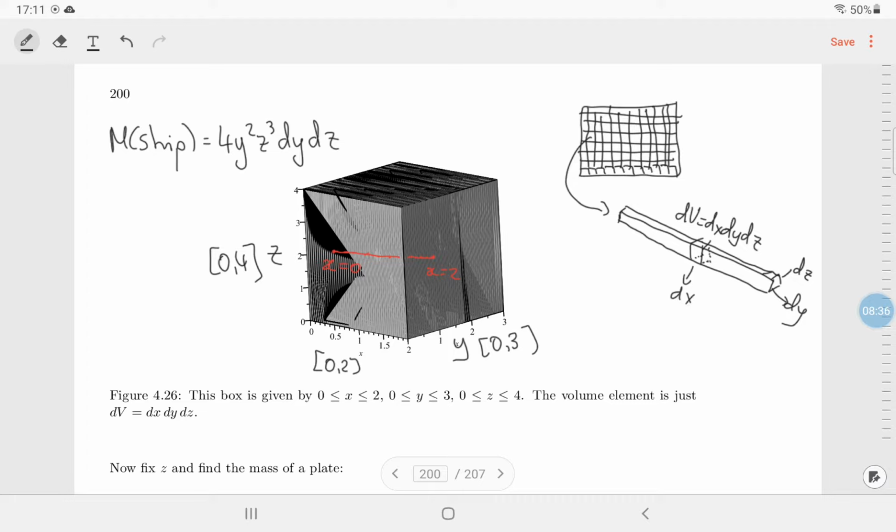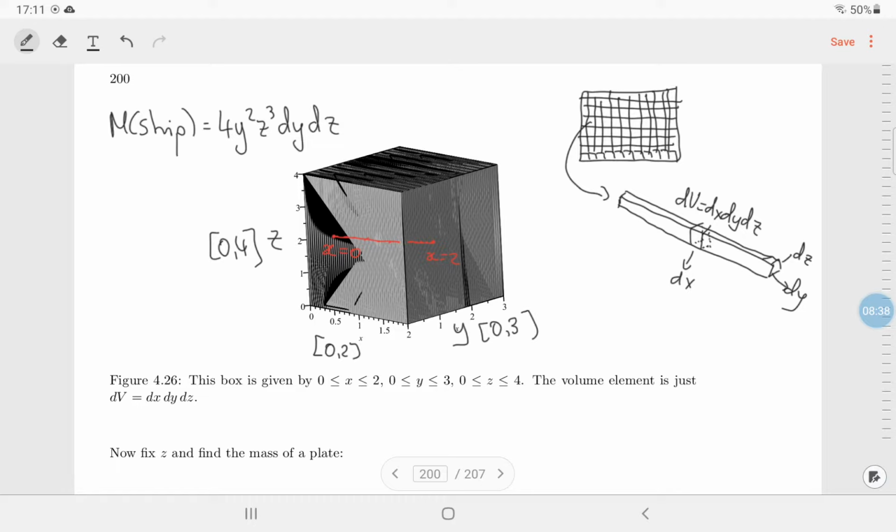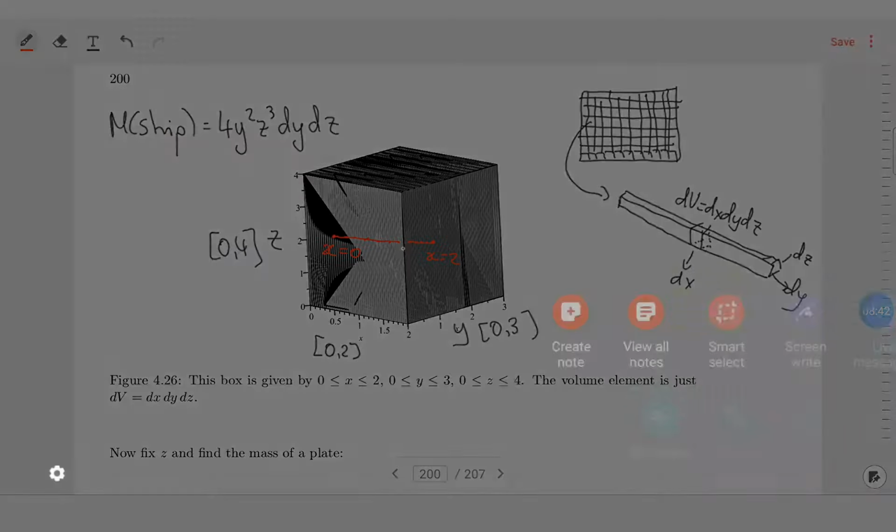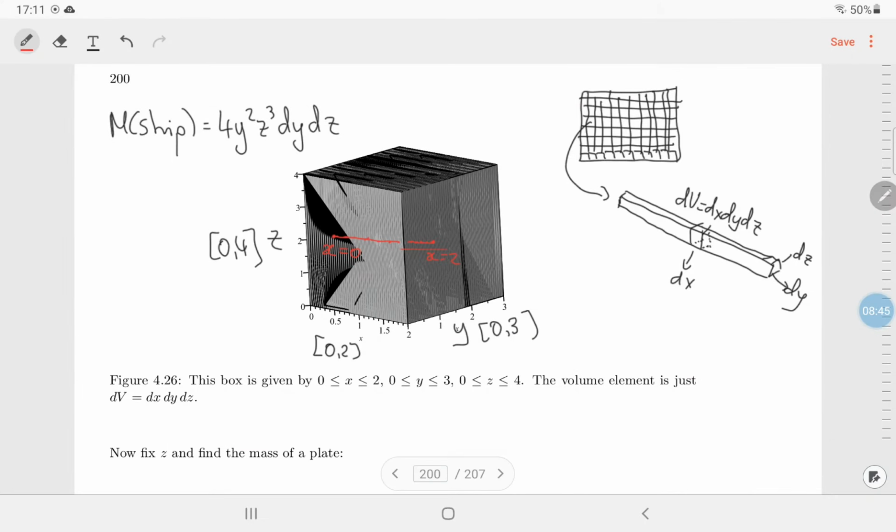So now what we're going to do is fix z, so we're going to fix the height, and we're going to add up all of these matchstick planks from y equal to 0 here, the whole way across, and at a fixed height. So this is like adding up, say, all of these.